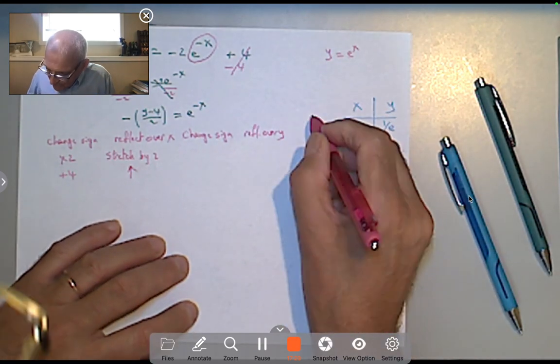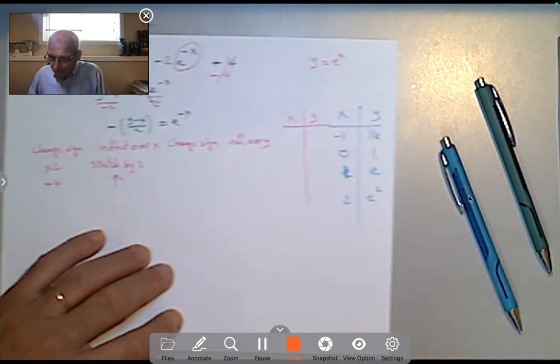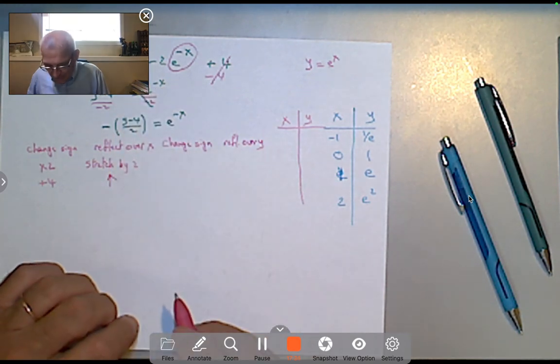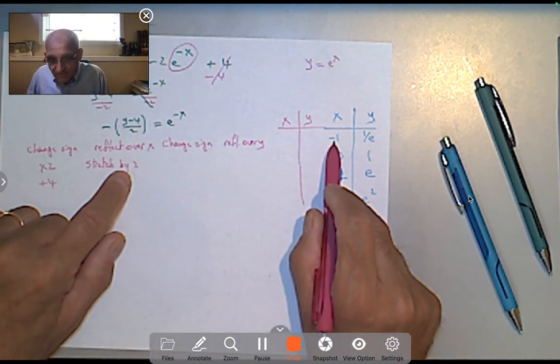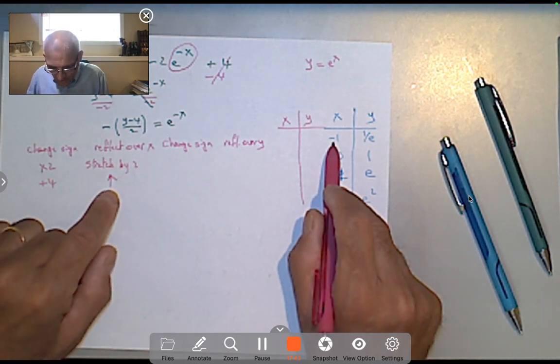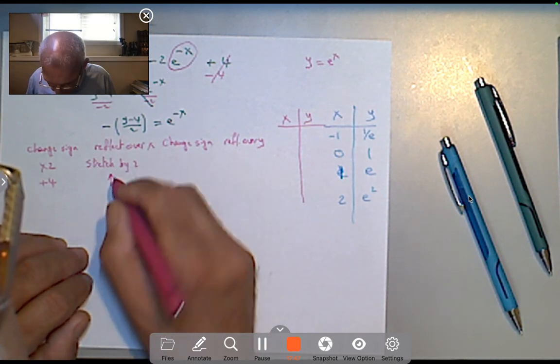So let's now construct the x, y table for my function. For the x, I'm going to stretch by 2, so the negative 1 becomes negative 2, meaning multiply it by 2. That's it, stretch by 2.